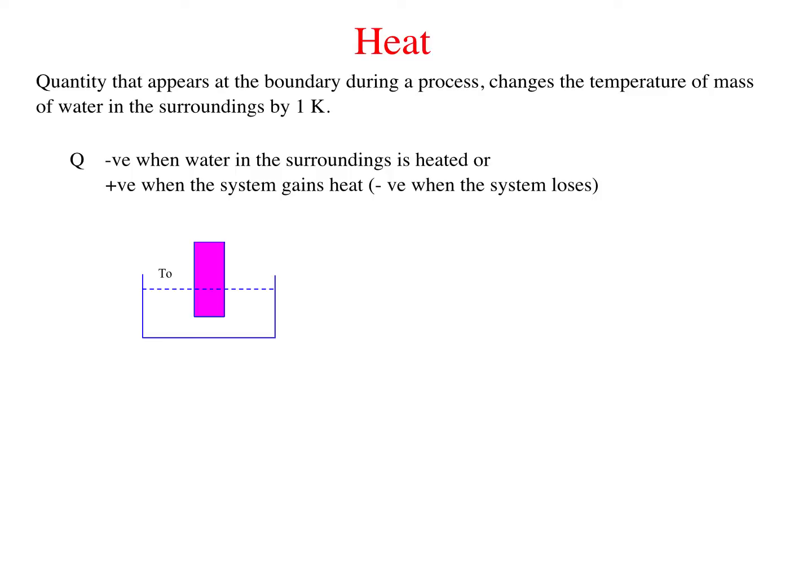And so here is an example of an object put into a water bath, and it has a certain bath temperature of T0, and a certain process is carried out. Could be whatever process it may be. And then at the end, the temperature of the water in the water bath has been increased by 1 Kelvin. And so we can now calculate the amount of heat that appeared at the boundary of the system when the process has taken place.